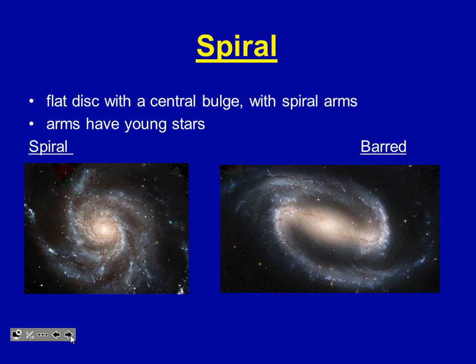Next, spiral. I didn't leave enough room there, but I'm going to draw both of them. A flattened disc with a central bulge and spiral arms. So they have these kind of areas where there seems to be lots of stars.